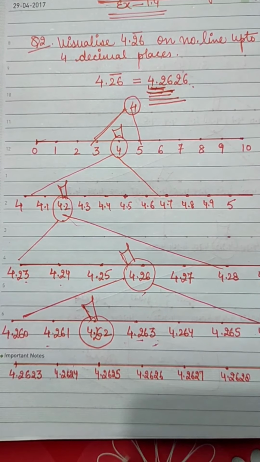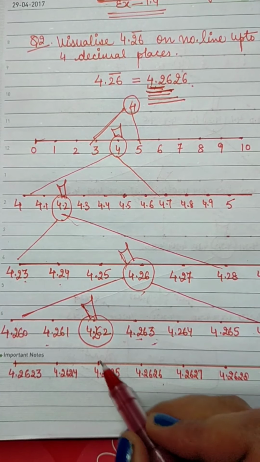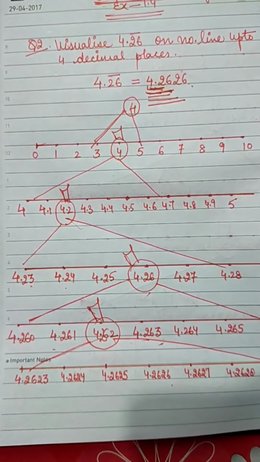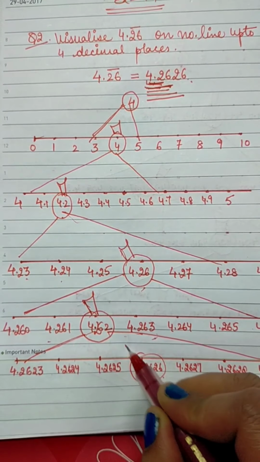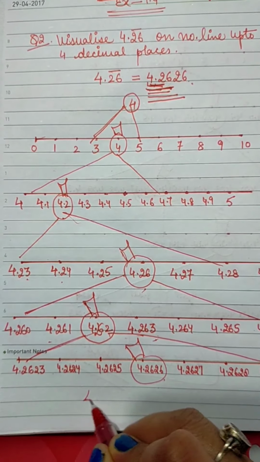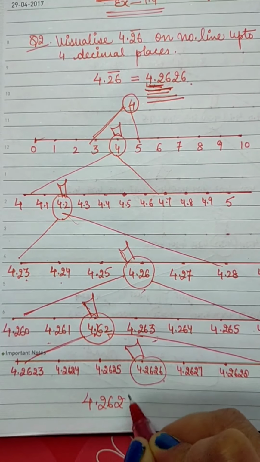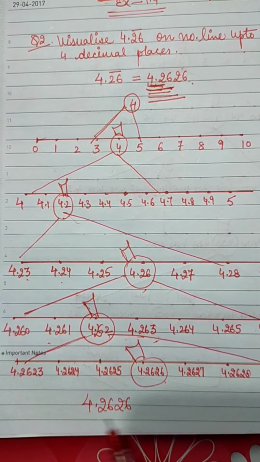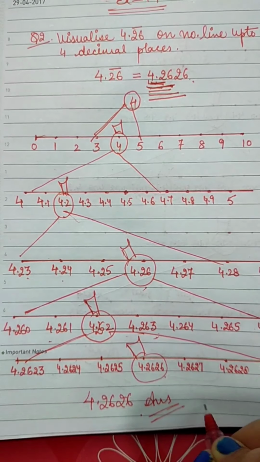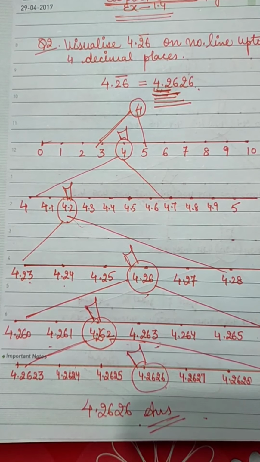So the number required is 4.2626, which comes in between these numbers, and here is the number which we have to zoom in on. So 4.2626 has been magnified using successive magnifications. That's all about exercise 1.4.